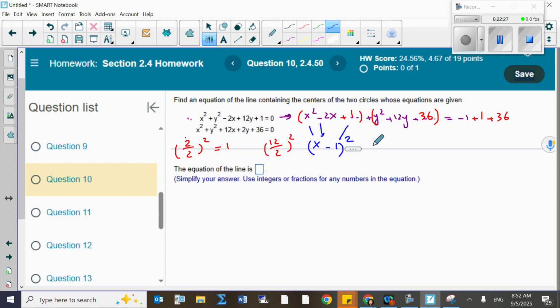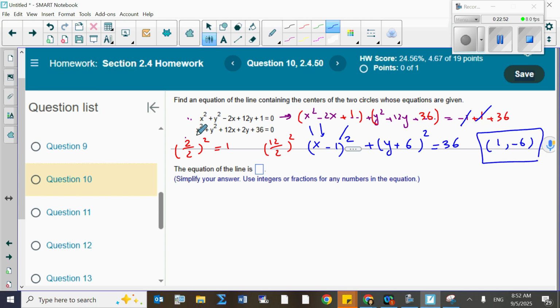So this is the first one. Second one, the square root of y squared is y, the square root of 36 is 6, and whatever is this sign, just copy that here. These two cancel on the right side, and that's equal to 36. Okay, so I know that the center of the circle is at 1 and -6.